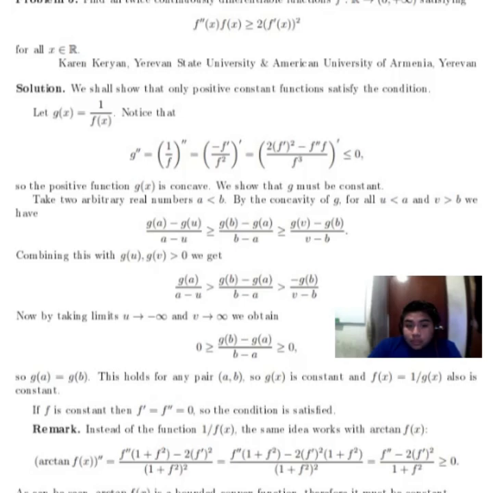The second derivative of arccotangent f of x equals (f double prime times (1 plus f squared) minus 2 times f times f prime squared) over (1 plus f squared) squared.